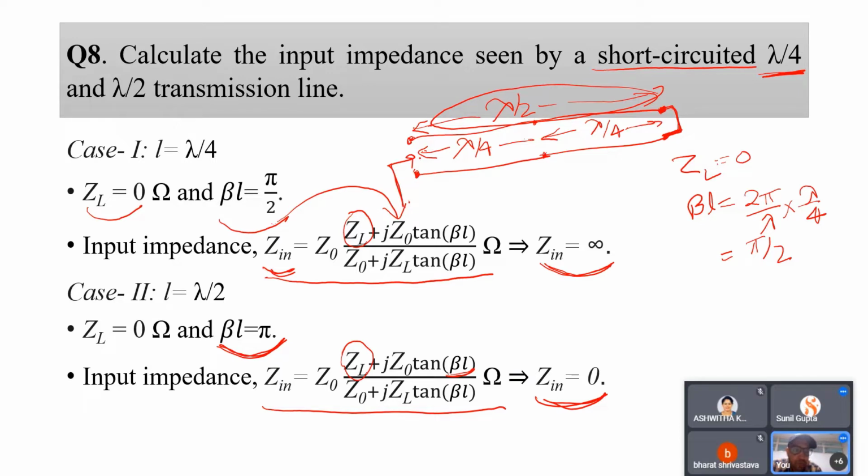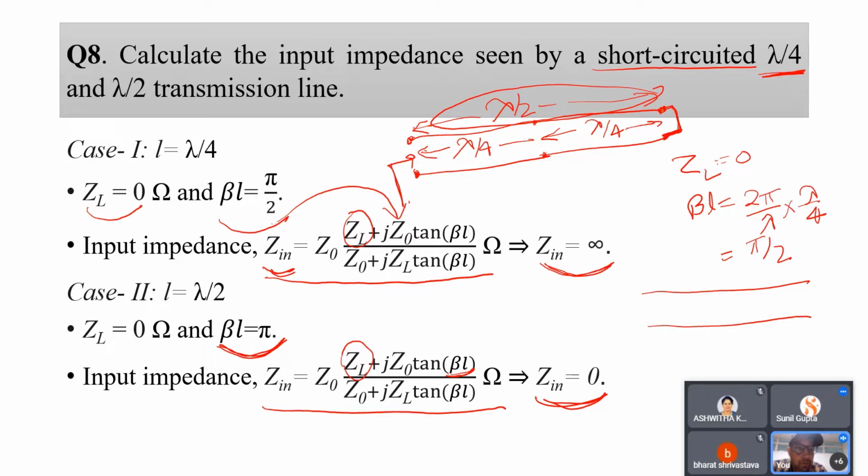This means that if you are designing a microwave circuit, you have to miniaturize the length of this microwave circuit, so you have to judiciously choose the length of the transmission line.